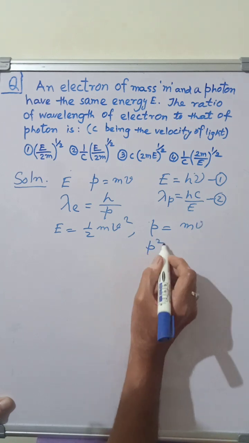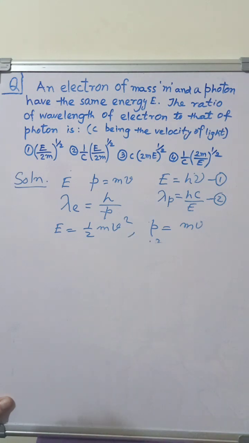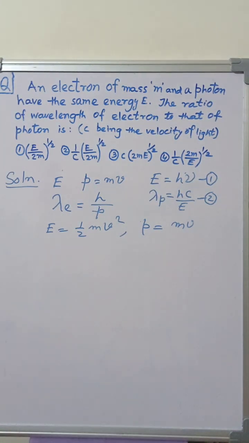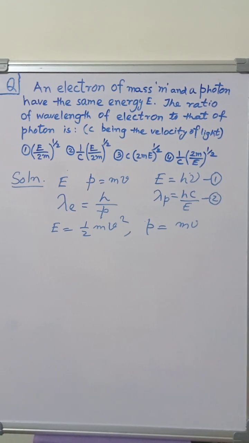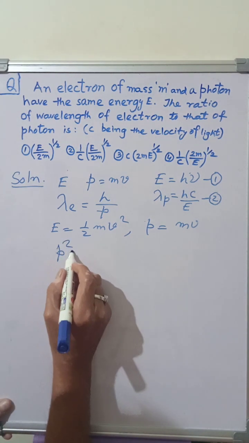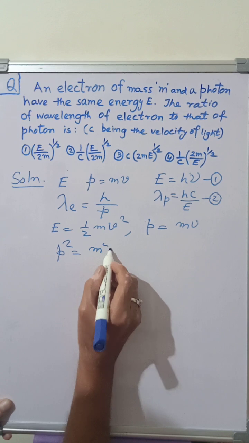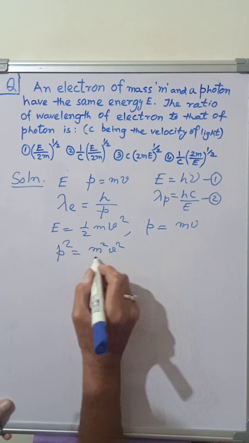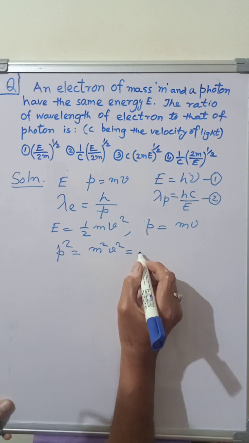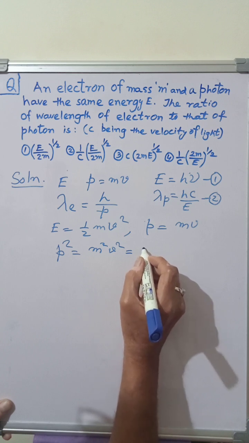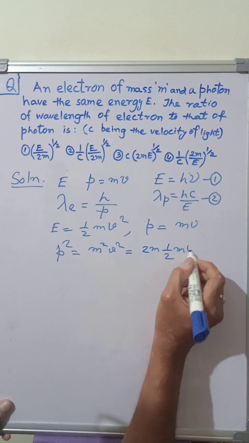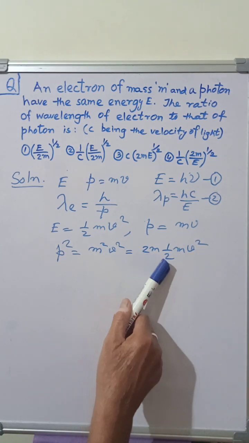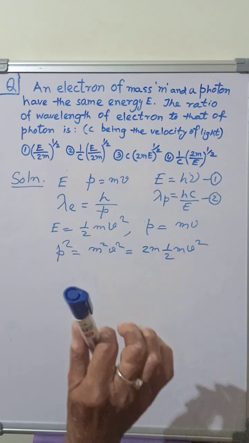Therefore, p square is equal to m square v square, which can be written as 2m into half mv square, because 2 and 2 get cancelled and m becomes m square v square.